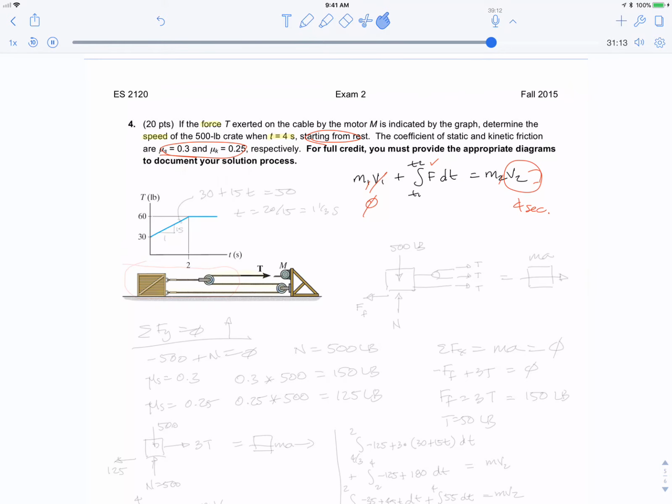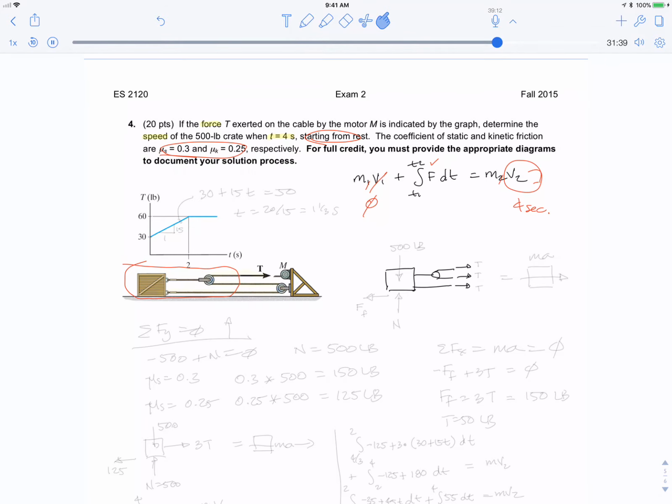Okay, so I'm going to start this with a free body diagram, so I'm going to circle that there. And let's draw everything that's in that little circle. So I've got the crate. I cut through here, here, and here.